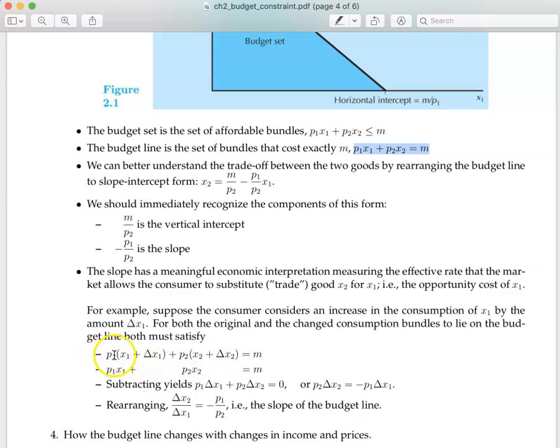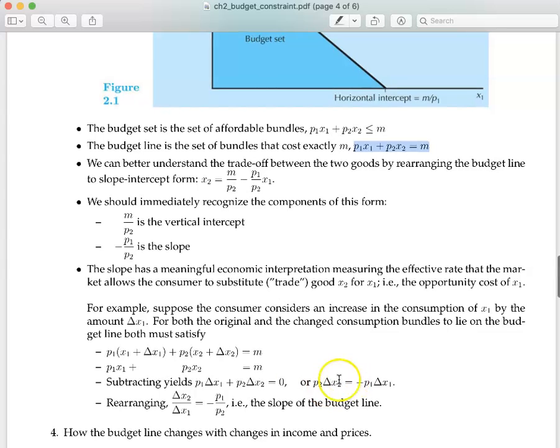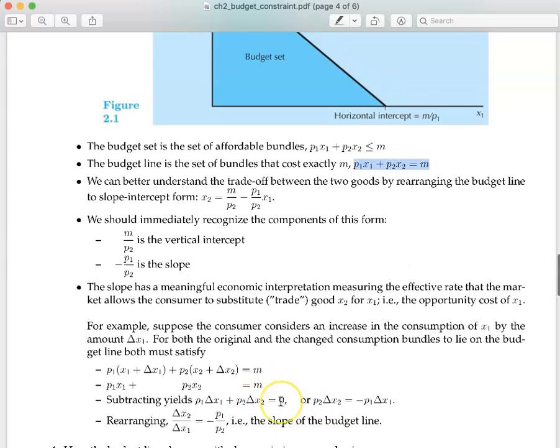So we write that equation with that increase in X1 and decrease in X2, and then write the equation for the original budget line. Both of these consumption bundles must be on that budget line, and we subtract, right? And we get that P1 times delta X1 plus P2 times delta X2 is equal to 0. You could rearrange those to get the slope of the budget line.